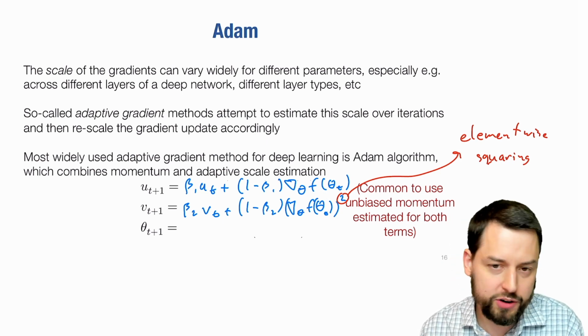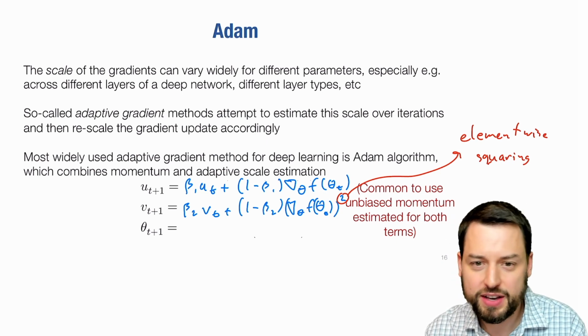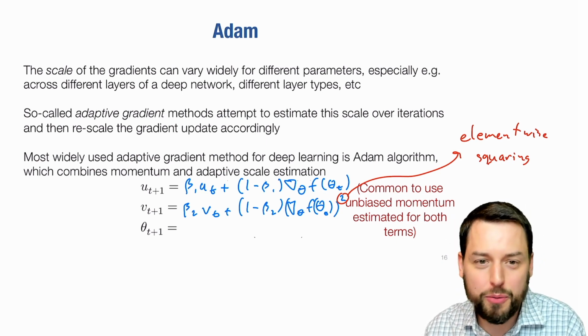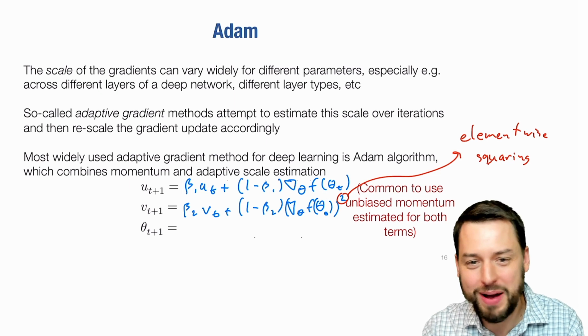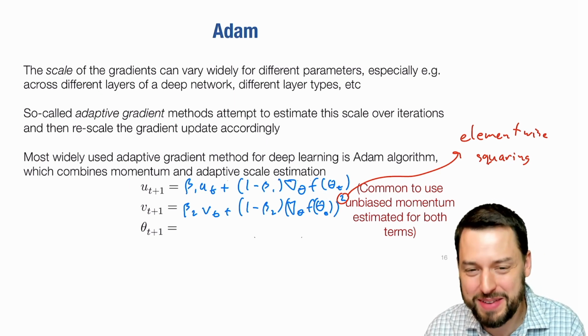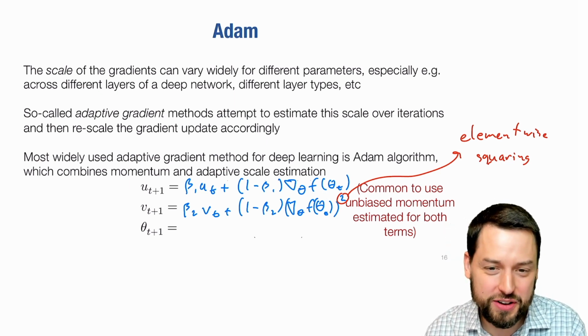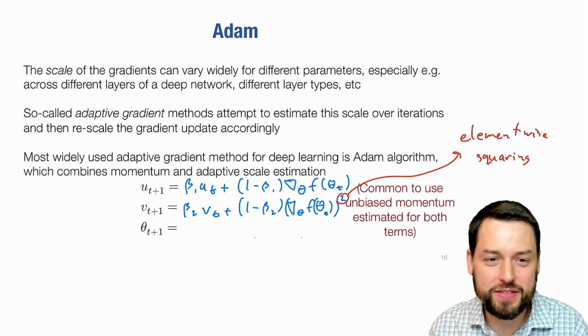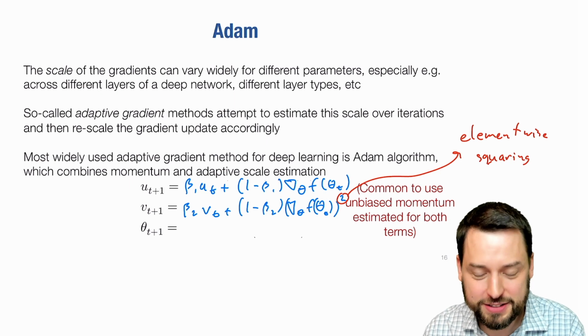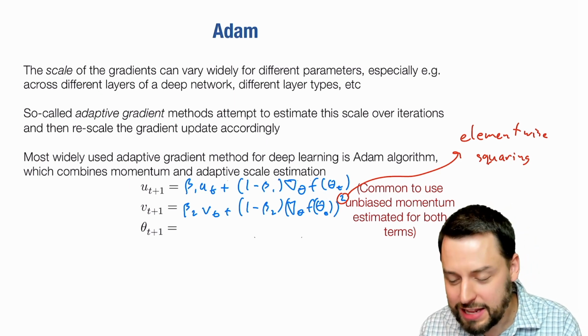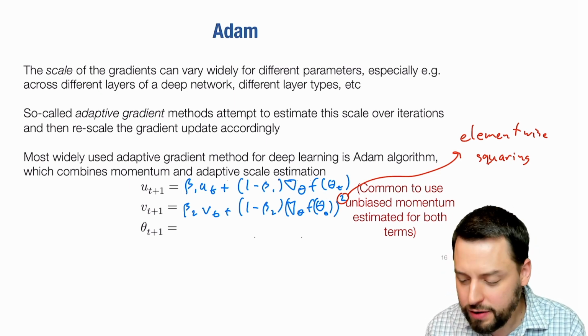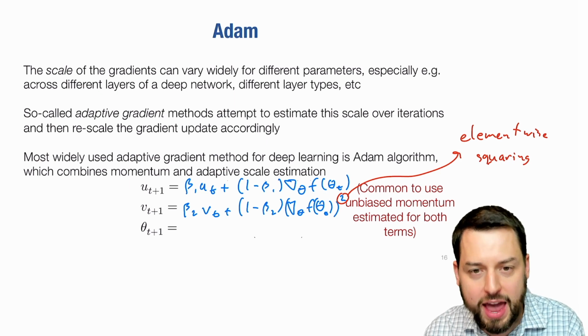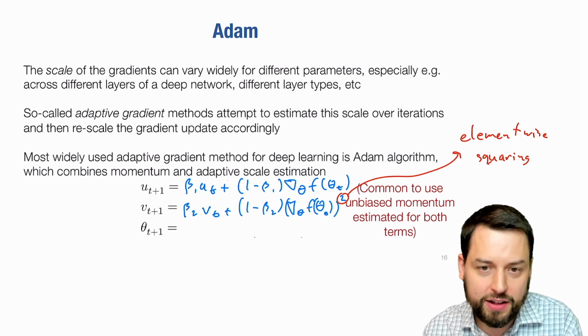What this corresponds to, assuming the gradient is zero mean, for example, so you're bouncing around the point you want to be at, is essentially an estimate of the variance, or more generally the second moment, of the gradients.